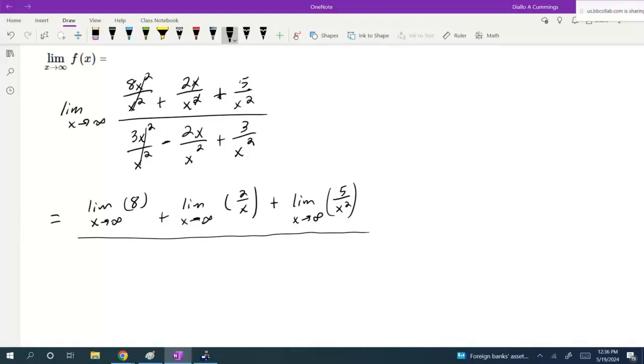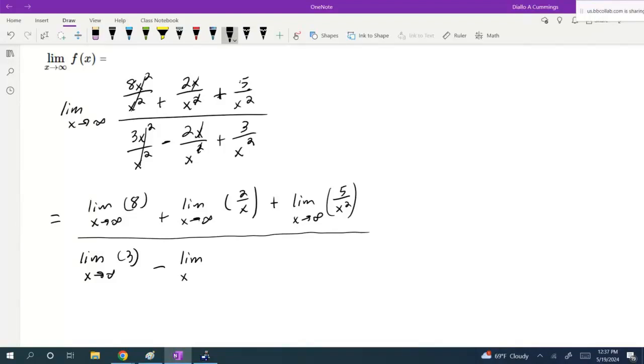divided by, so here again, the x squared is going to cancel. That's the limit as x approaches infinity for 3 plus the x in the numerator will cancel one of the x's in the denominator, and that's a minus, excuse me.